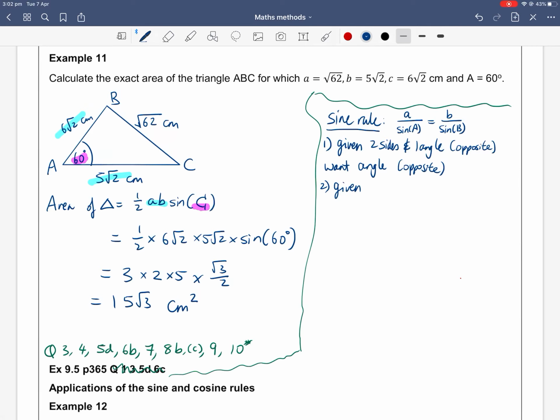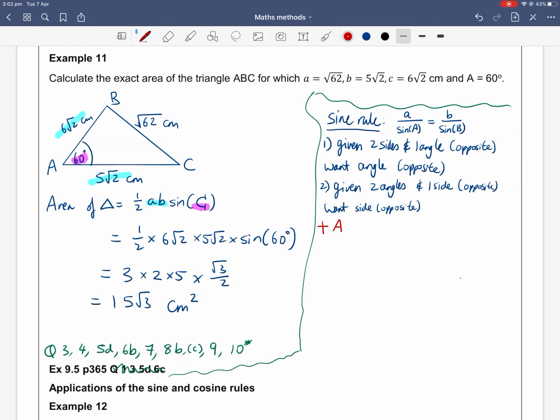And case 2, we use the sine rule when we are given two angles and one side which is opposite one of the given angles, and we want a side which is opposite the other given angle.